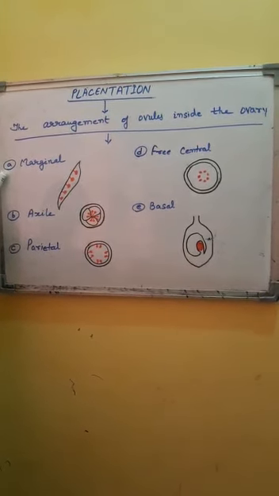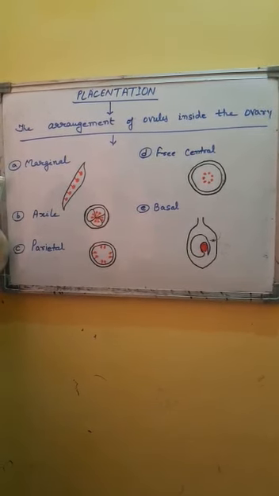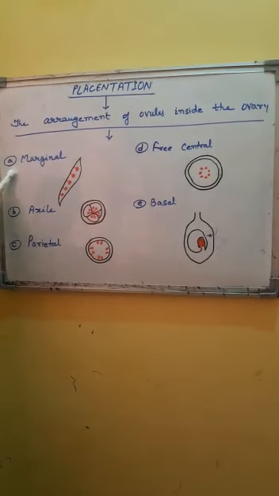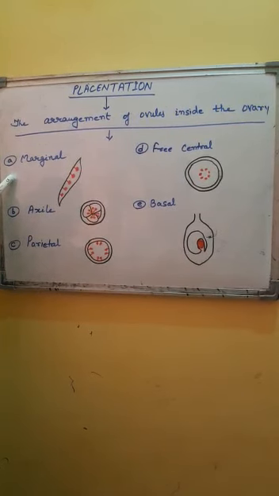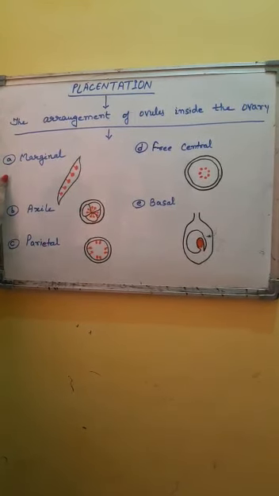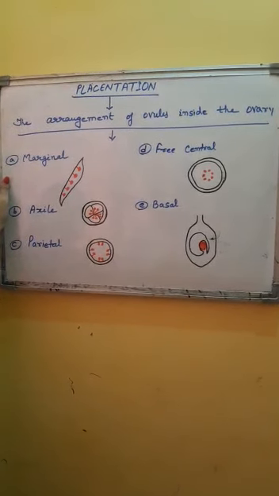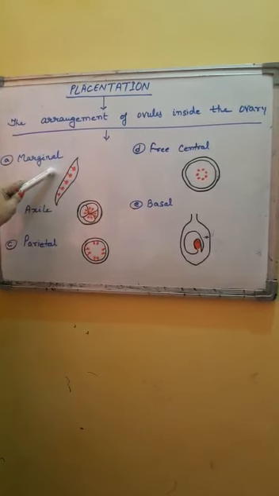The very first placentation is called marginal. As the name suggests, here the position of the placenta is at the margins. The ovary is unilocular, meaning it has only a single chamber, and the placenta forms a ridge at the margin of the ovary.